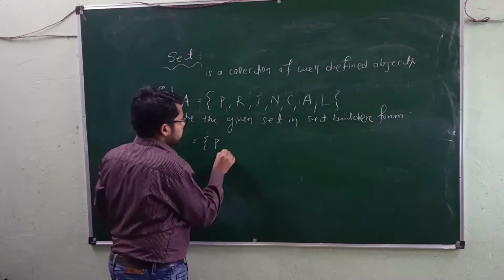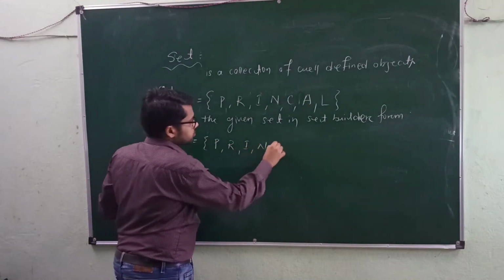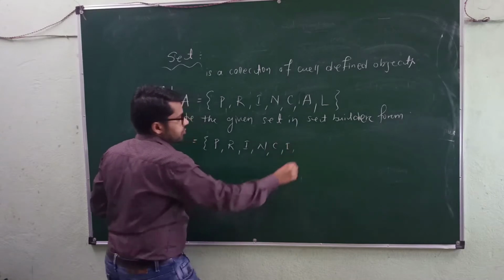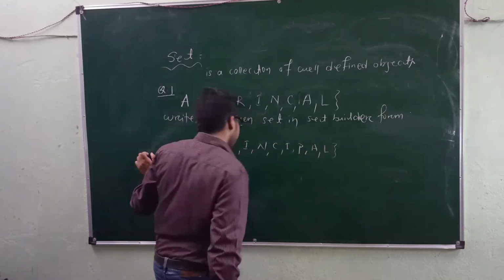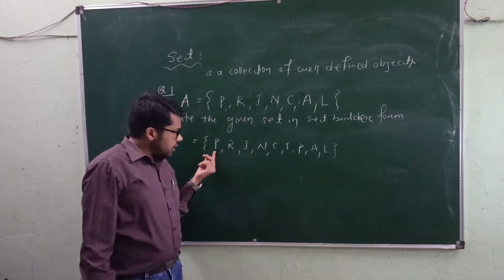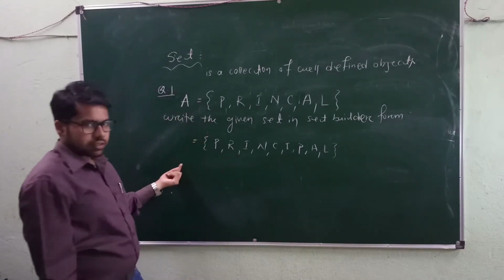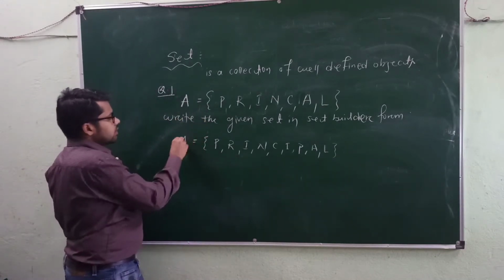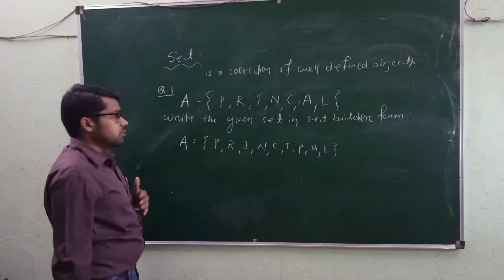But if I can write like this, now it makes sense. See, we can recognize that these are the letters of the word principal. So this set is nothing but A. Is it wrong? No, it is not wrong.